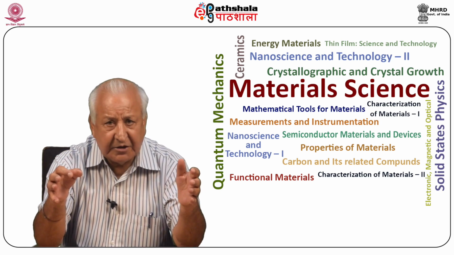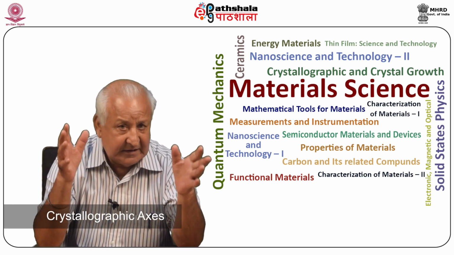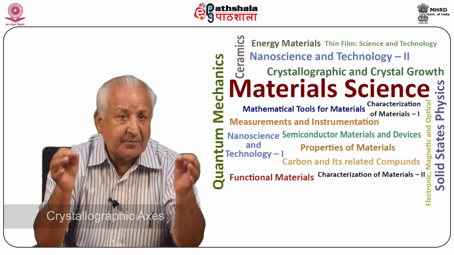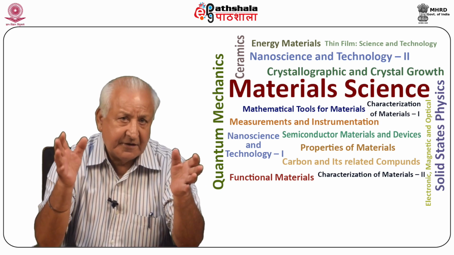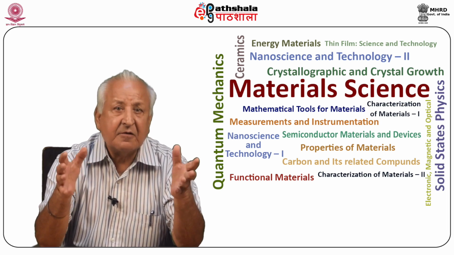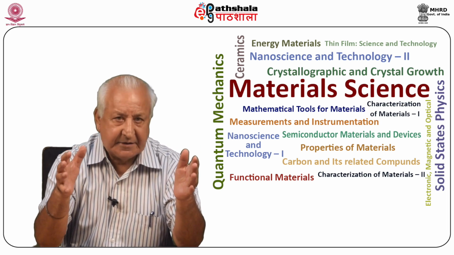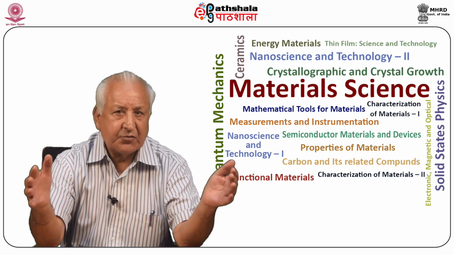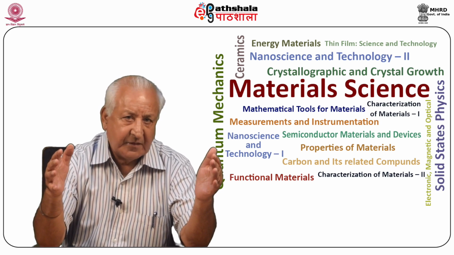Both the orientation of planes with respect to crystallographic axes and their interplanar spacings are of interest to crystallographers. This gave rise to a new concept known as the reciprocal lattice. Let us take into consideration any given space lattice.